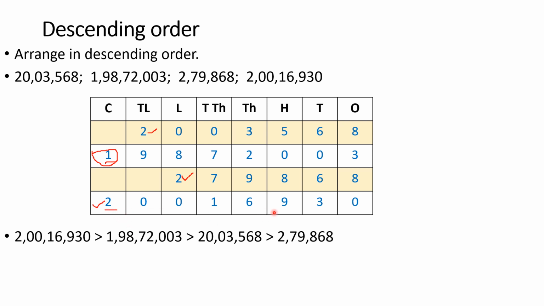It is our largest number. Then as compared to this, 1 crore 98 lakh 72,003. It is smaller than this number, and 20 lakh 3,560. It is smaller than this number, and the very smallest one among all is this 2,79,868. So it is our descending order.